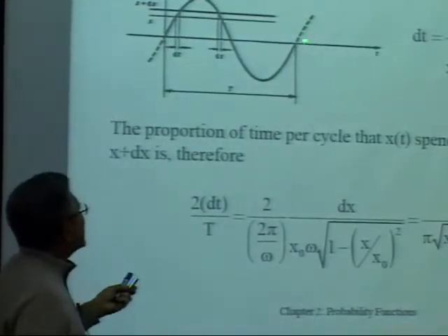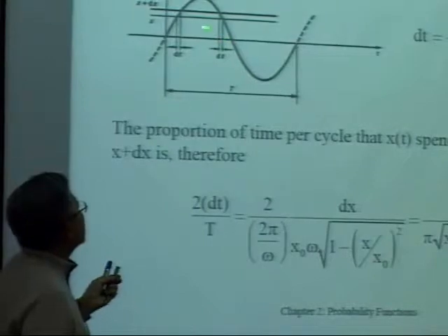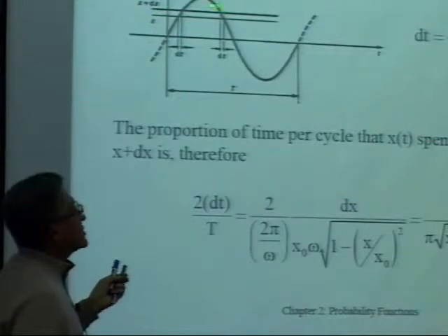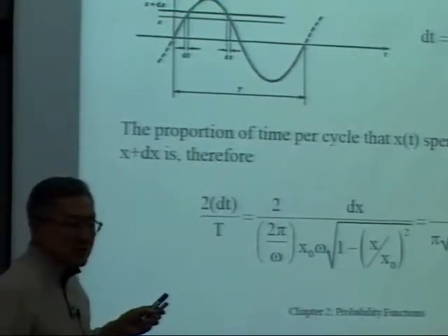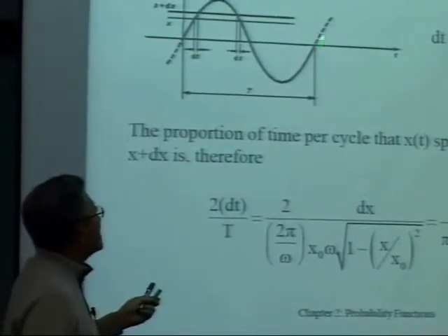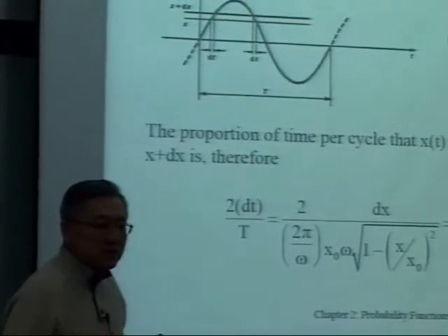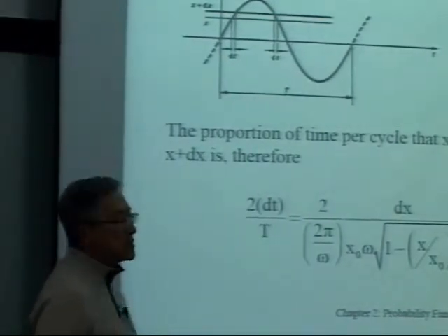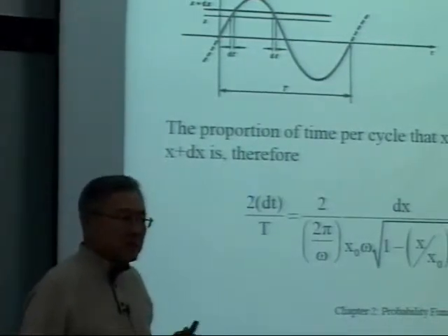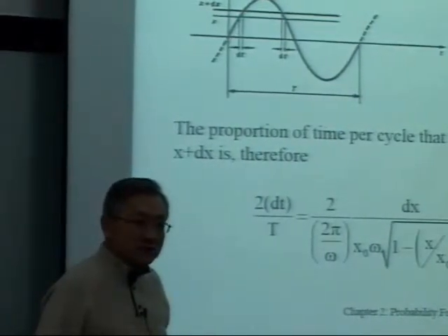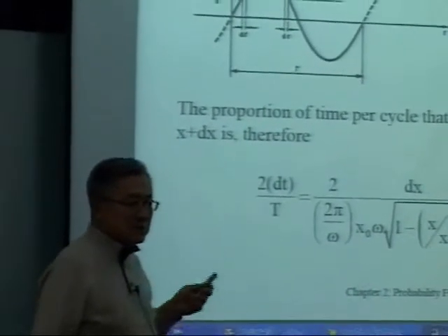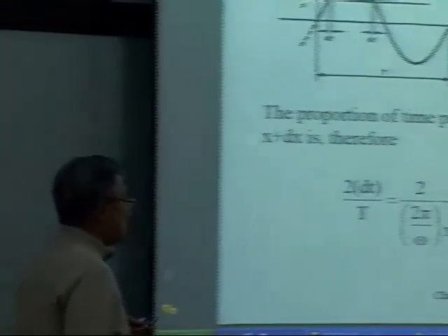Within the one period, it has 2 spots which pass the same threshold, 2 times dt over the total period, capital T. So this is like a probability density function for x, where x is equal to x naught sine omega t. This is what I call the special function.